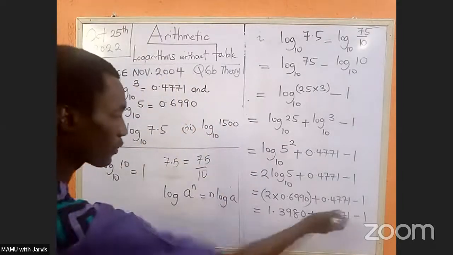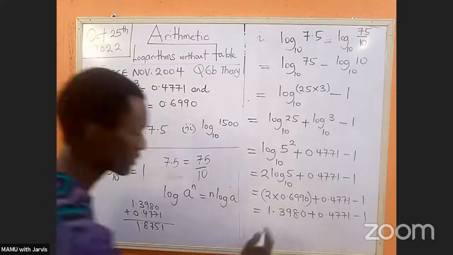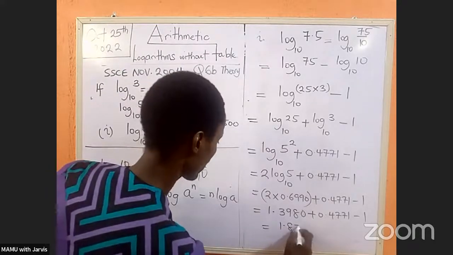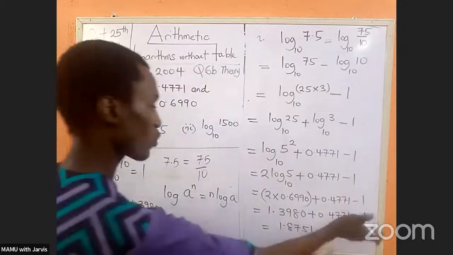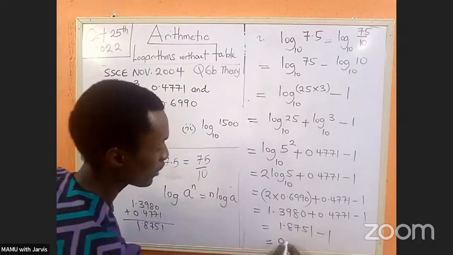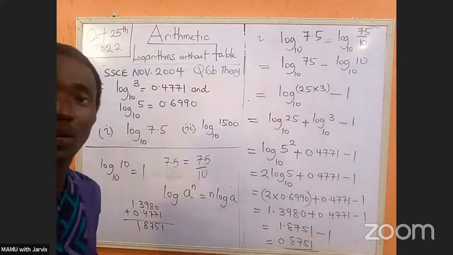That'll be 1.3980 plus 0.4771. Remember, you are told not to use a calculator. That's 1.8751. I want to trust that my answer is right. So that will be 1.8751 minus 1. So my final answer becomes 0.8751. That will be the final answer to that question.